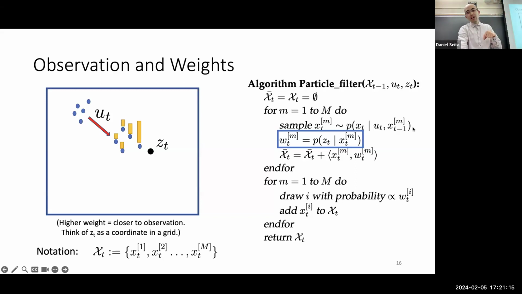The key is that the transition function is always stochastic. So there's always some kind of noise. If you see that the robot has moved in some direction, then the particle will usually move in roughly the same direction, but there's always going to be some noise in it. So if the transitions are stochastic, which I think is true in most real life examples, then the particles might lead to different hypotheses after that.